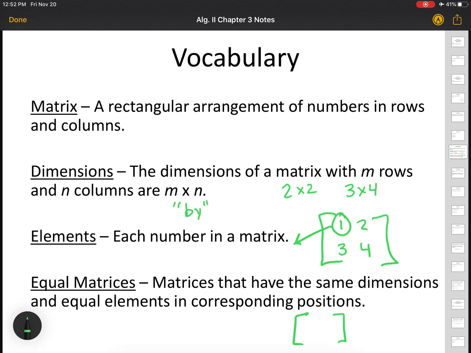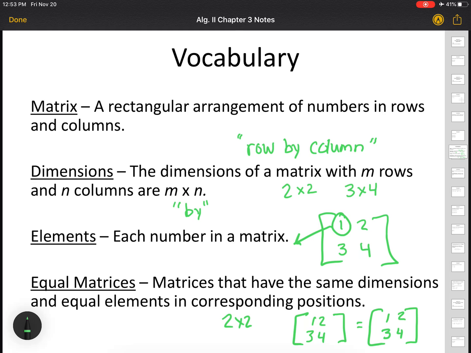So if I use matrix 1, 2, 3, and 4 again, I know that that matrix is equal to this matrix because they both have the same dimension. They're 2 by 2. They have 2 rows, and they have 2 columns. So it's always row by column every single time. Row by column. All right?